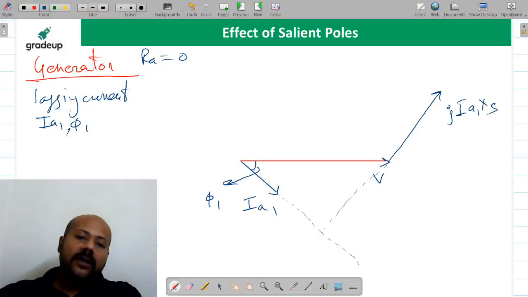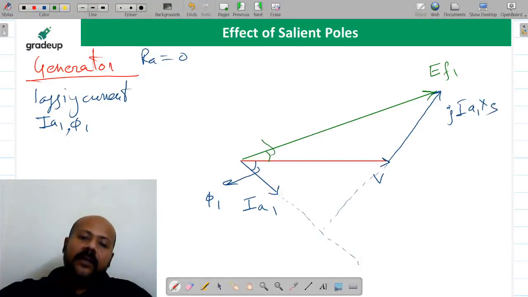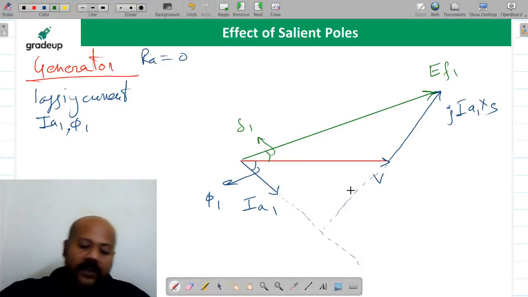Yes or no? Now what is going to be your excitation EMF? It is going to be something like this. This we are calling EF1. Are you getting this? And this angle we are calling del 1. This is the case when your armature current was lagging.